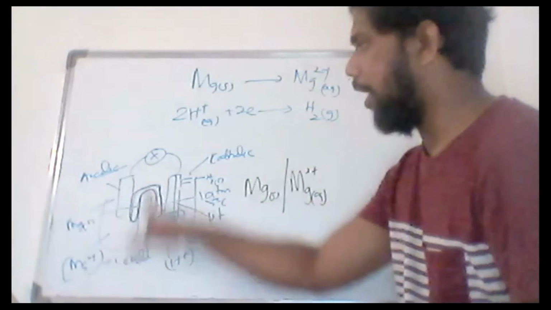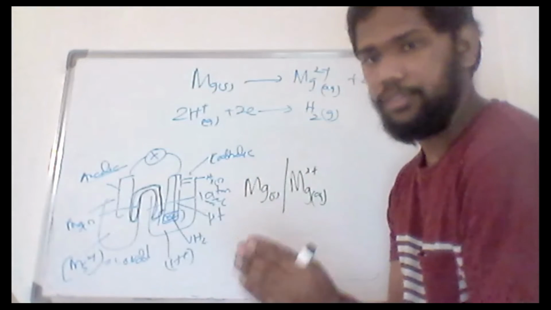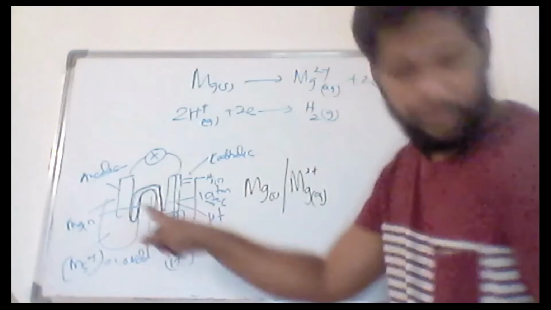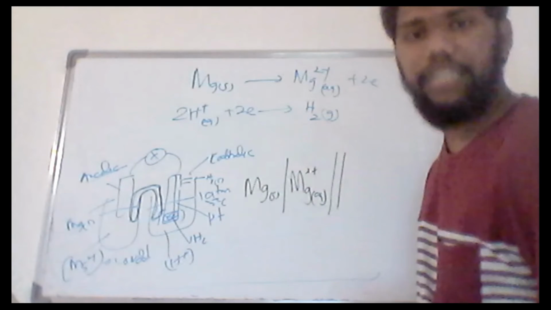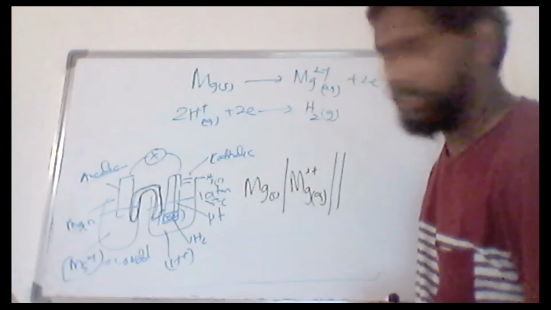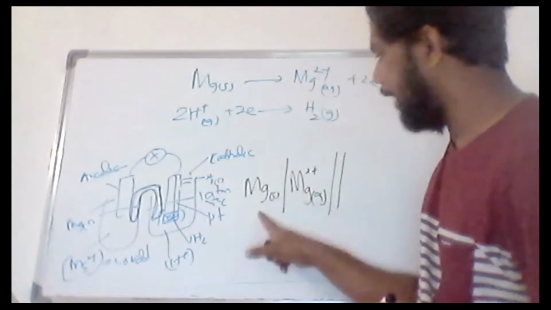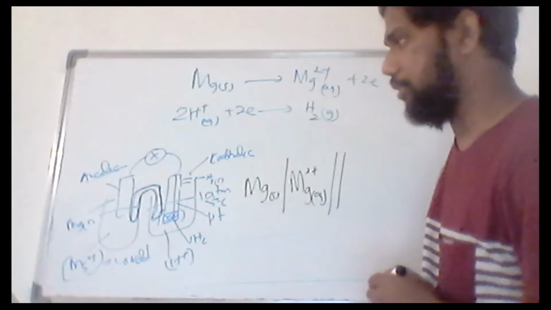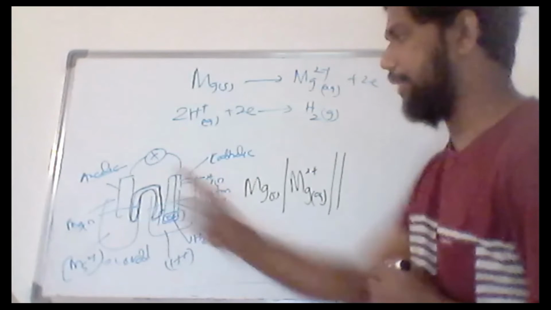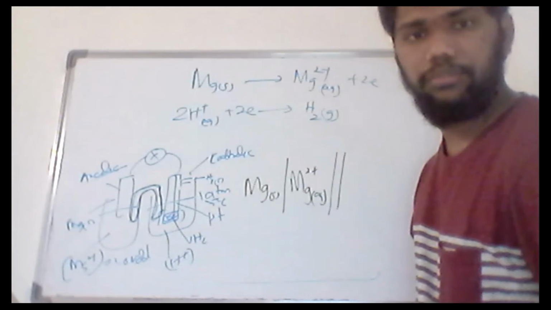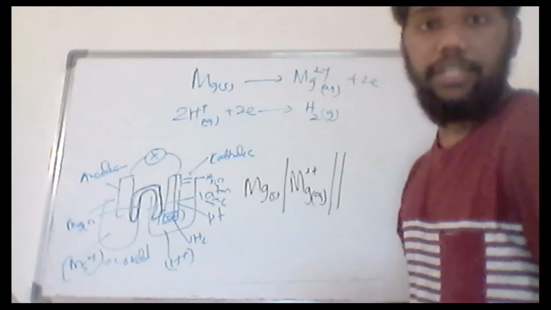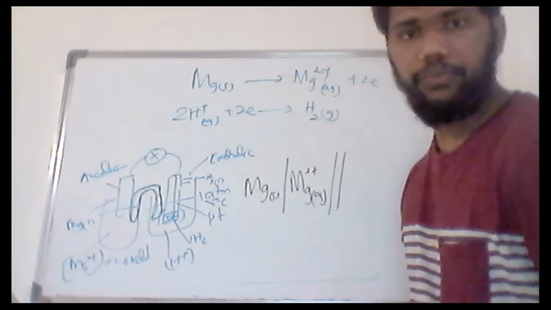So we now have explained the anode cell. Then in between we have the salt bridge. So I have to put two lines which indicates our salt bridge. So I have explained the anodic reaction as well, magnesium to magnesium 2 plus. That is the anode cell, anodic reaction. Then salt bridge. Now you have to go with the cathode. To write down the cathode, what do you have to do?